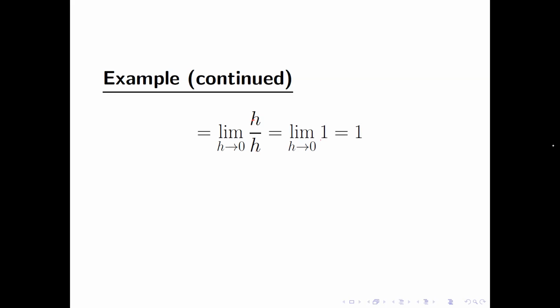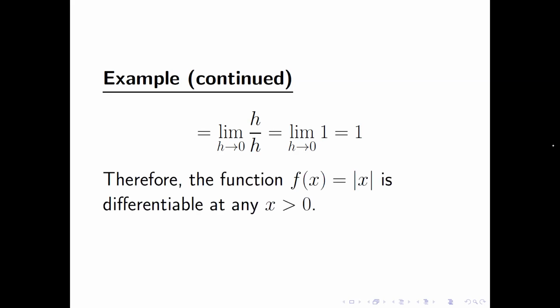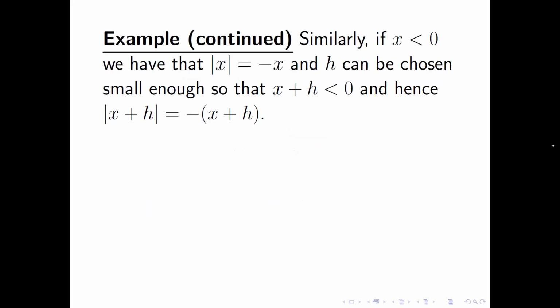So at the end of the day, the limit when h approaches 0 of h over h is equal to 1. This is case 1, when x is strictly greater than 0.